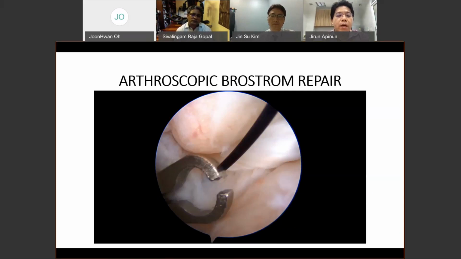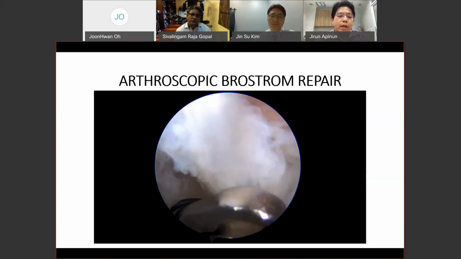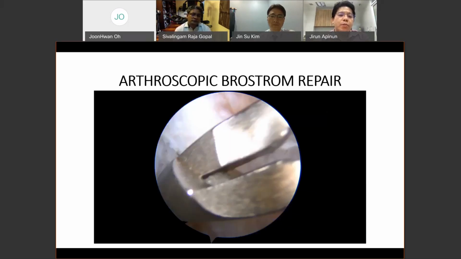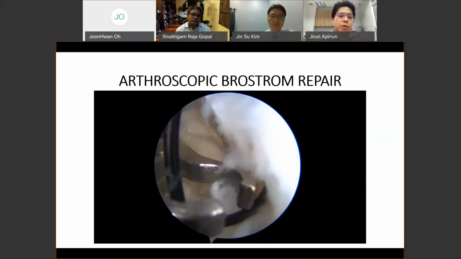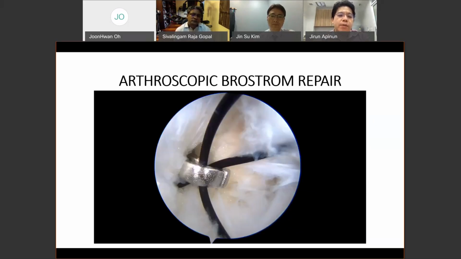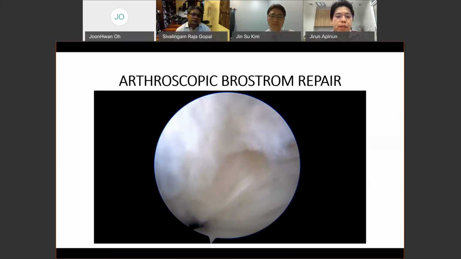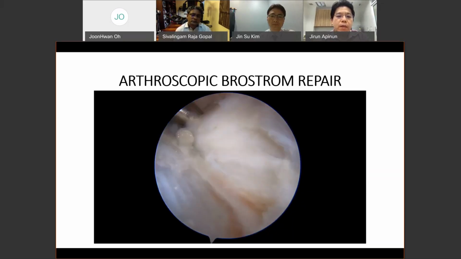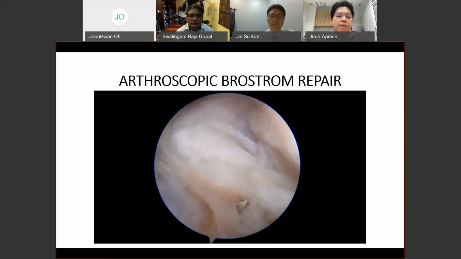Yeah. Okay. After we put the suture through, we grab both limbs of the suture through the same portal, just to make sure that there's no outside tissue to obstruct our knot tying. Okay. I put 2 points of suture.